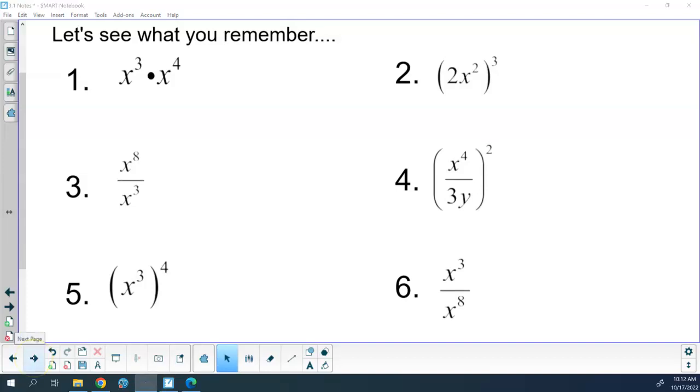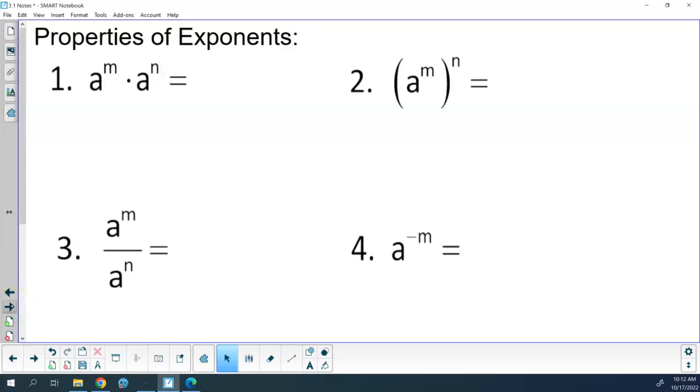So I'm going to discuss the properties first that you see here. Then we'll come back and I'll show you the answers to these 6. Some of the properties that you should know in terms of exponents. The first one is called the product property.